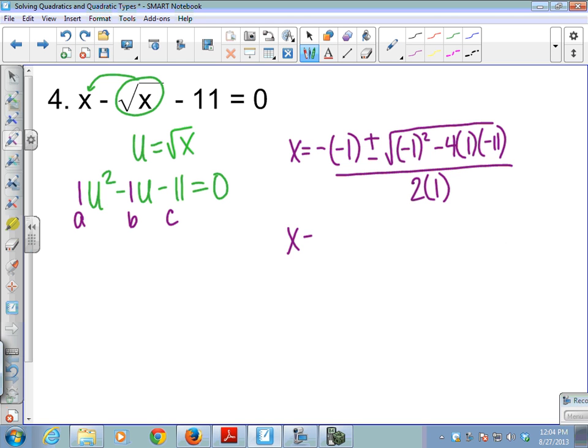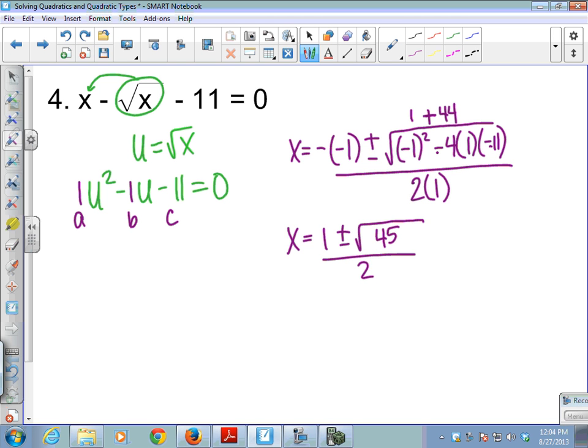So x equals 1 plus or minus the square root of, underneath the radical, 1 minus, well, this negative and this negative are going to combine to make a positive, so this is going to be 4 times 1 times 11 would be 44. So I'm going to end up with a positive 45 under there, divided by 2.